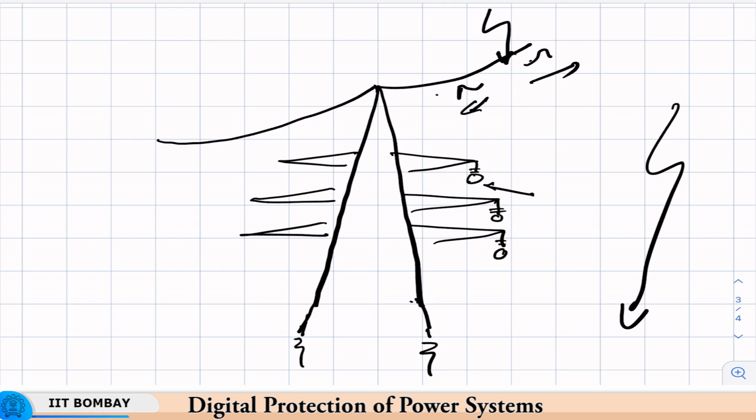The earth wire has a surge impedance of around 100 ohms or so. The tower has a surge impedance of around 200 ohms. So, it will encounter a discontinuity, and a part of this, depending on, say, if Zg is the surge impedance of the ground wire and Zline is the surge impedance of the line, this is the reflection.